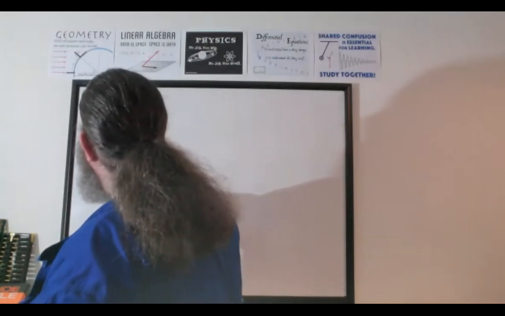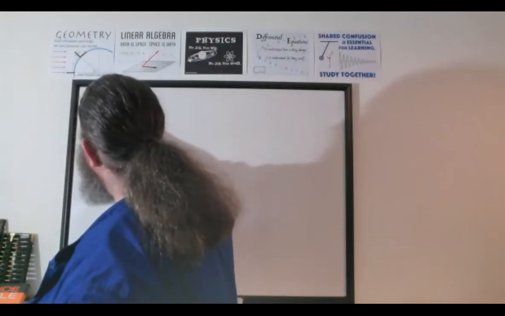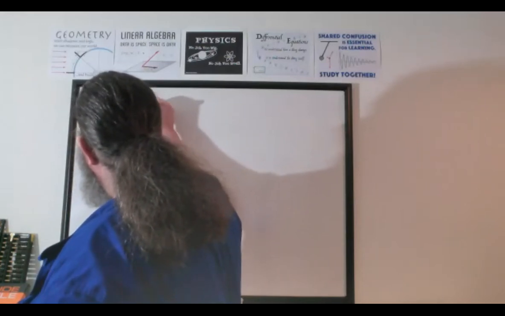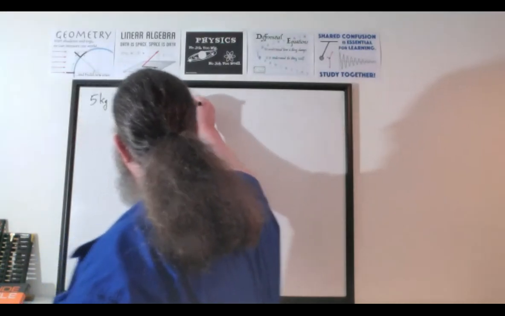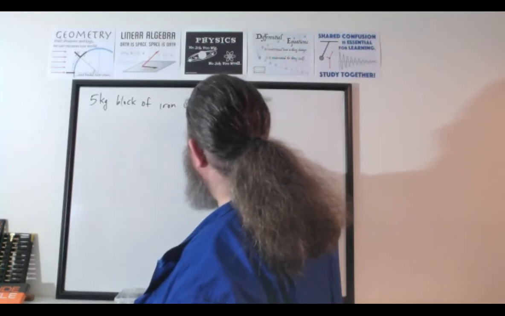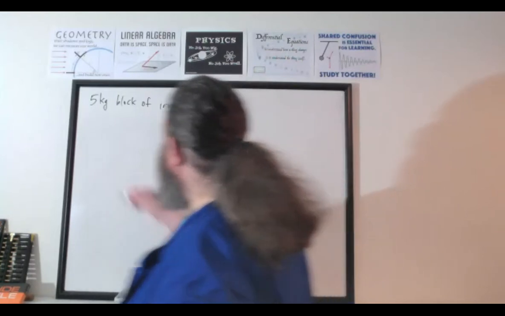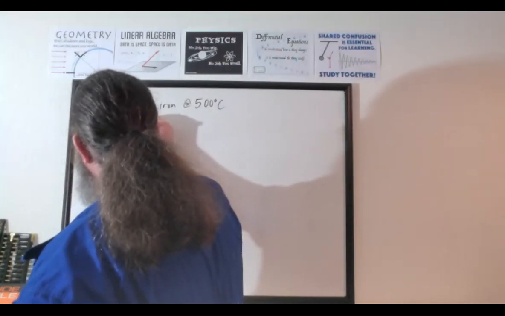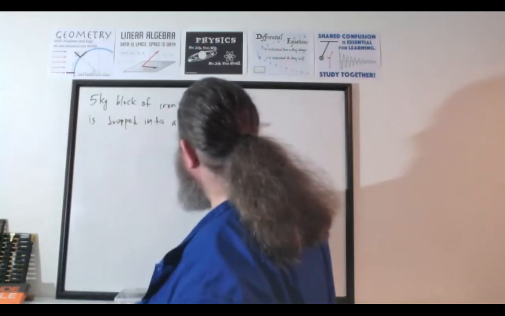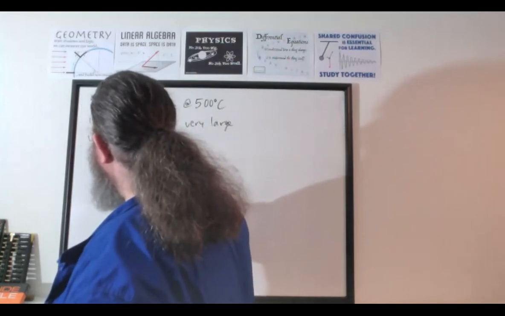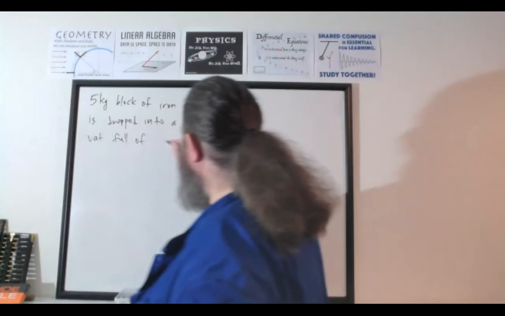Let's say we have a 5 kilogram block of iron at, let's say, 500 degrees Celsius, is dropped into a very large vat full of icy slush water.